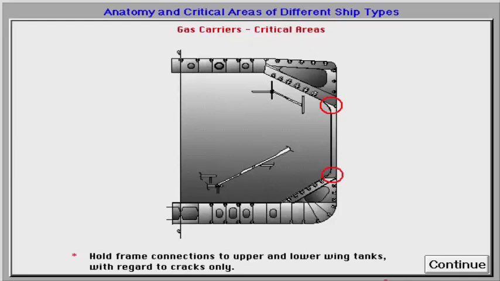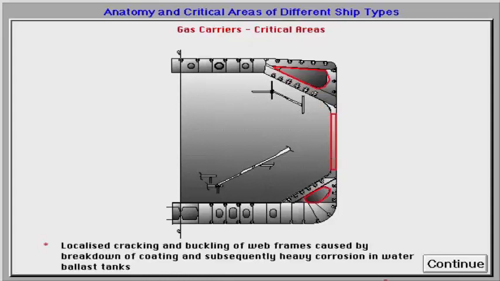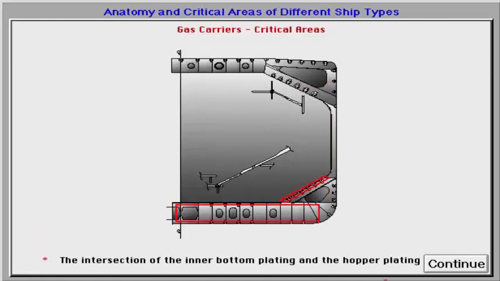The basic hull of a gas carrier has much in common with the hull of a conventional bulk carrier, and will also have some of the same problems, such as hold frame connections to upper and lower wing tanks with regard to cracks only. Localized cracking and buckling of web frames caused by breakdown of coating and subsequently heavy corrosion in water ballast tanks.